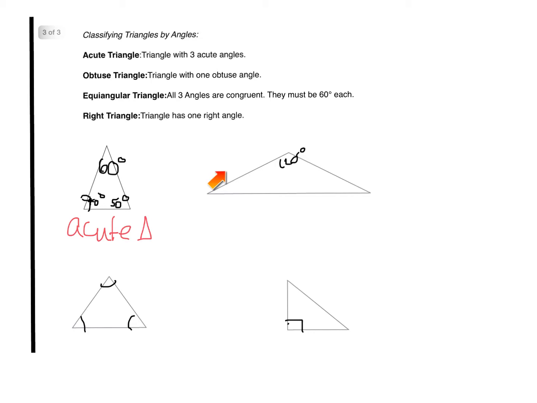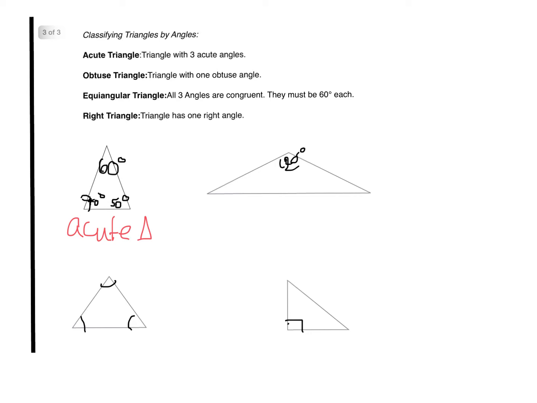Okay, the next one. This is 120 degrees. Anyway, because that angle right there is 120 degrees, it fits the criteria for being an obtuse triangle.